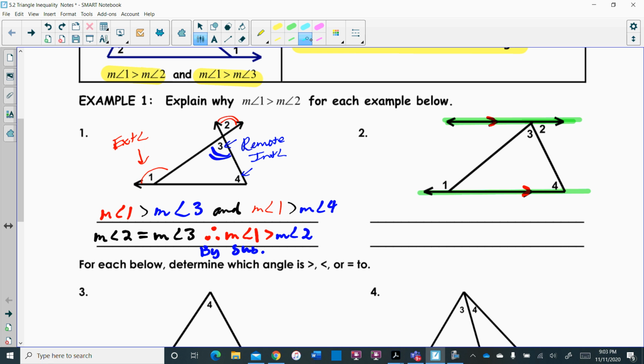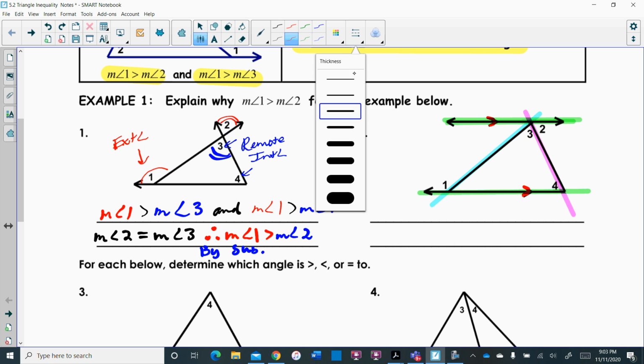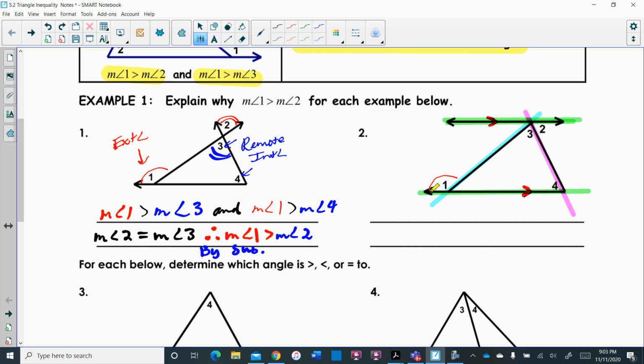But what I wanted you to see as well is that we have a transversal here. We have 2 transversals. I'm just going to extend it so you can see. I'm going to use that relationship to prove angle 1 is greater than angle 2. Angle 1 is my exterior angle.